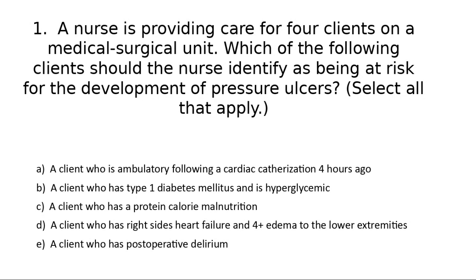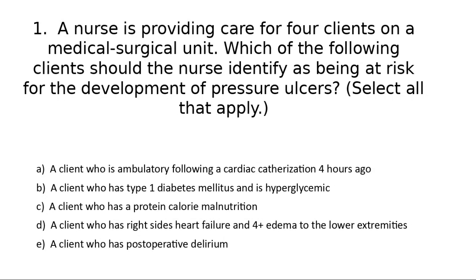They're ambulatory, which means they can walk. And it's only been 4 hours. We want to turn them every 2, but 4 hours is not that long. They're also mobile, so they're able to move around in that bed. So that would not be one that you choose.